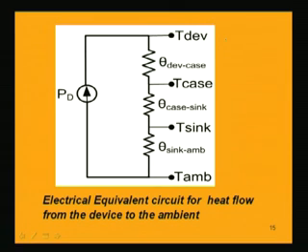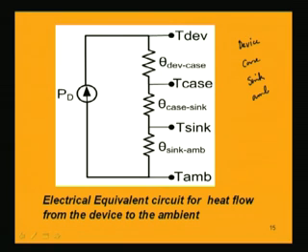First of all, the flow between the transistor junction and the case, and then from case to the heat sink, and from heat sink to the ambient temperature. So, these are the stages.